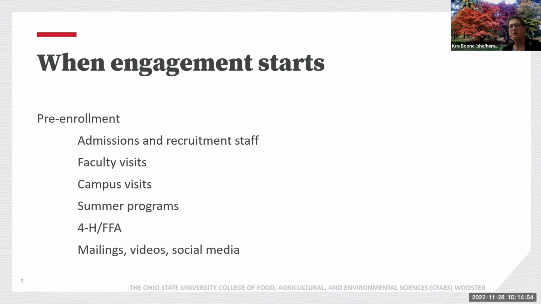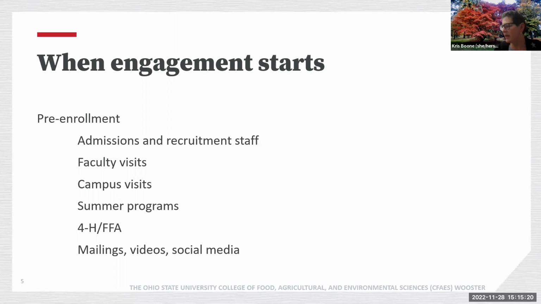Summer programs are also another great way to engage students. All of those 4-H contests and FFA contests and the opportunities they have to come on campus are other great ways to engage with students. And then there's other things like social media, helping them get involved with your own social media, promoting them.